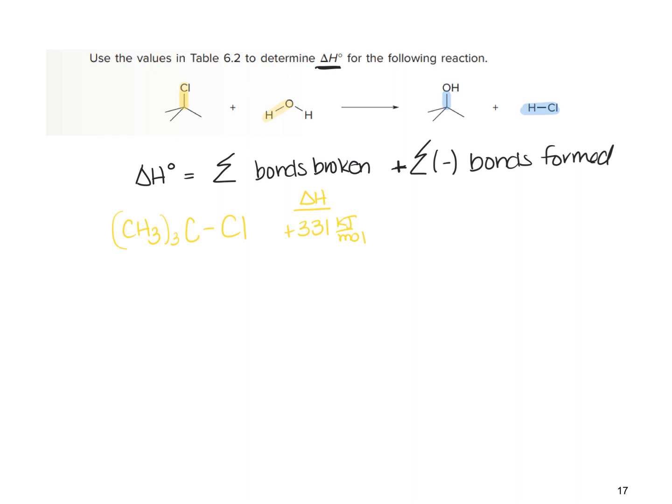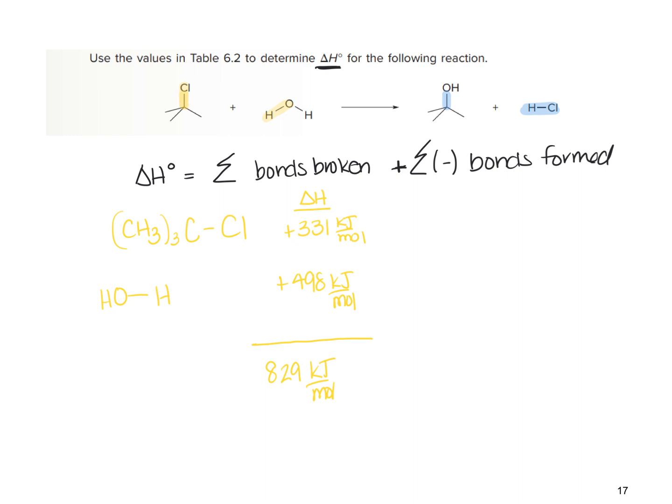Then the other thing that we have broken is the OH-H bond, and that's positive 498 kilojoules per mole, okay? And we are going to add those up. So we add those up, and that gives us 829 kilojoules per mole. And that is the energy that's needed to break those bonds, okay?